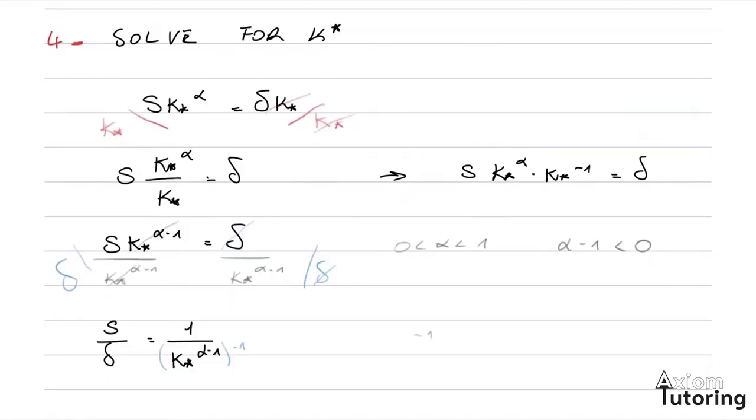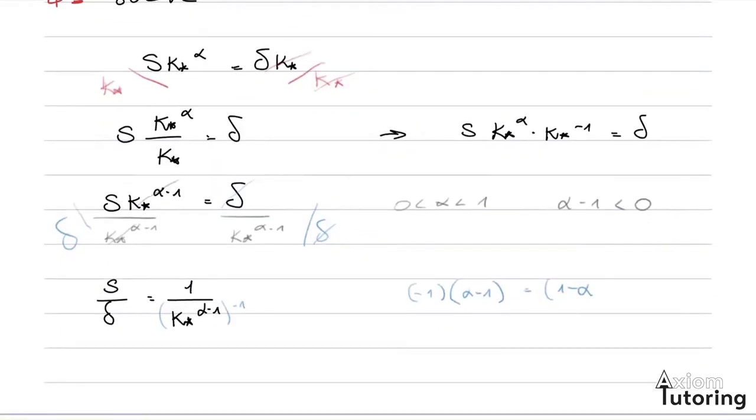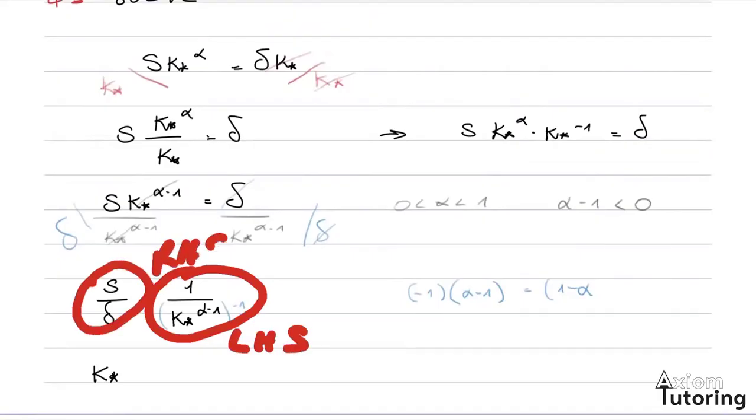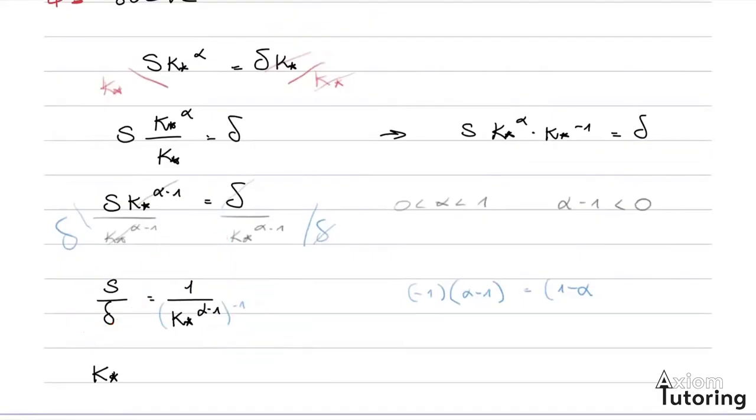And if we multiply -1 by alpha -1, we obtain 1 minus alpha. So that we can say that K star, and I'm actually now rewriting this as if it's the left-hand side and this as if it's the right-hand side for simplicity purposes, K star to the power of 1 minus alpha, since we brought it up, is equal to s over delta.